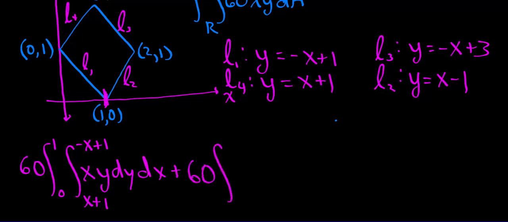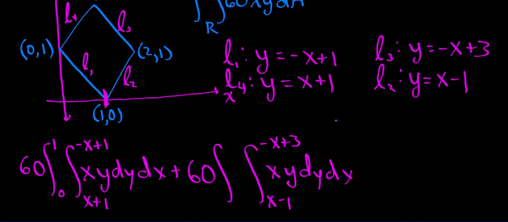I've got 0 to 1, and now I'm going to go from L2 to L3. And this time, this is what y does, and then x is going to go from 1 to 2. Put 0 to 1 at first. There we go.